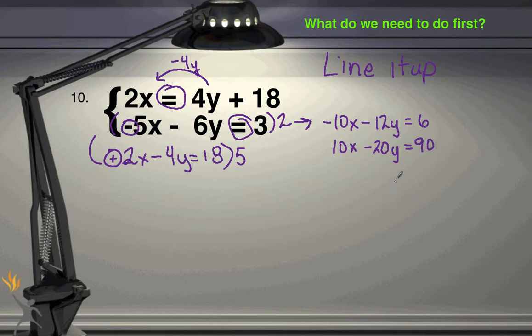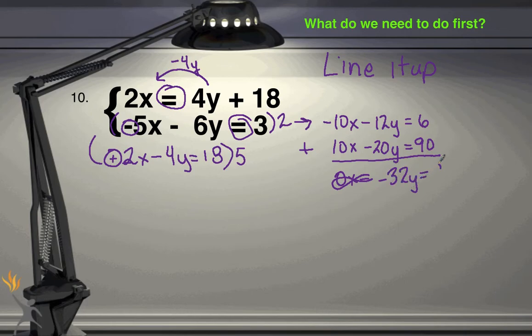So let's go ahead and work through the problem. Now we're going to add them together. This gives me 0x, and this one gives me a negative 32y.